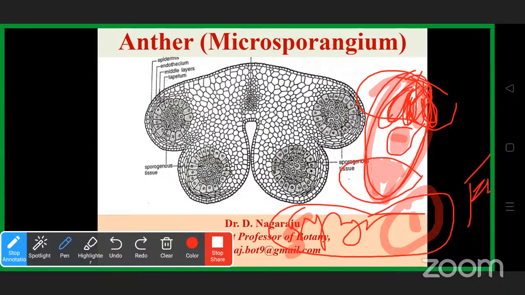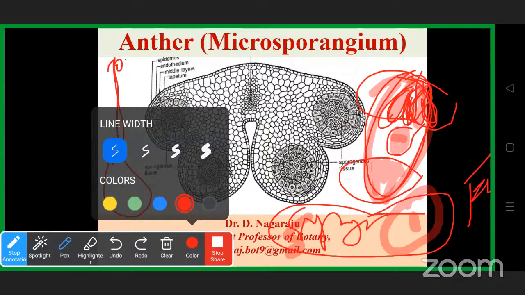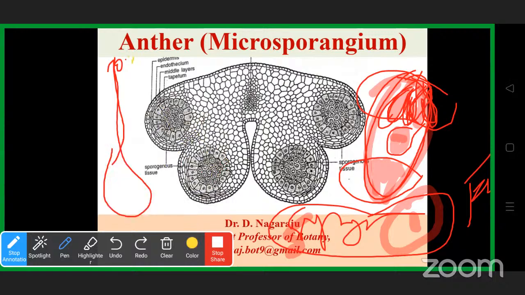If the pollen reaches the stigma, it goes inside through the style and reaches the ovule. There it reaches toward the female gamete, toward this side.